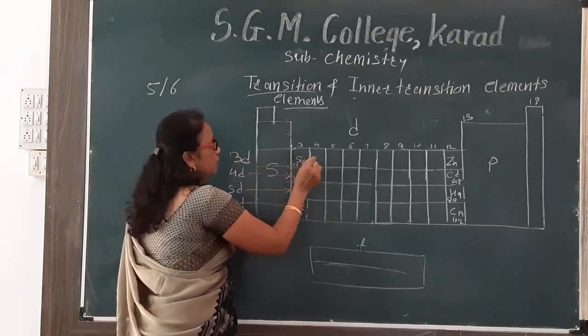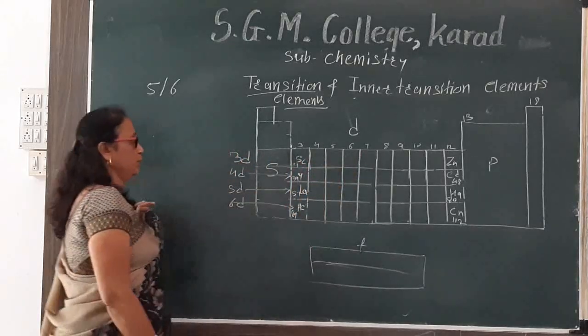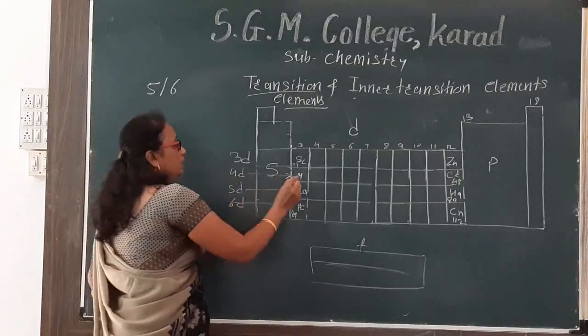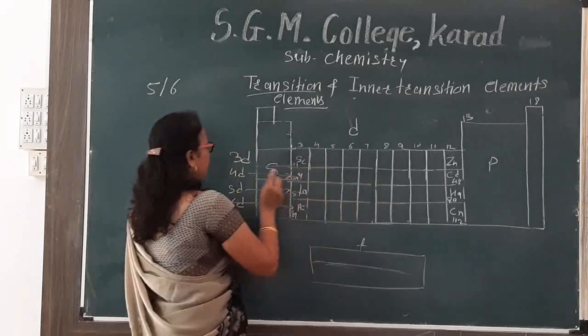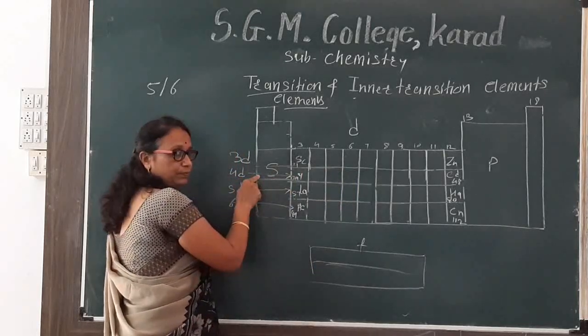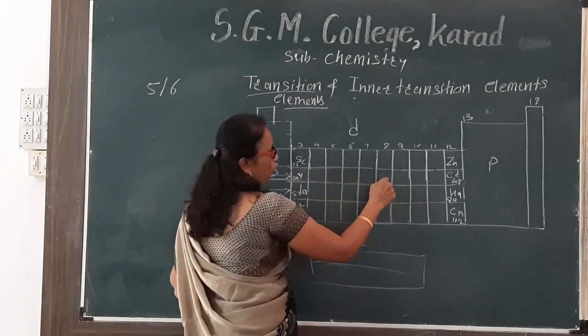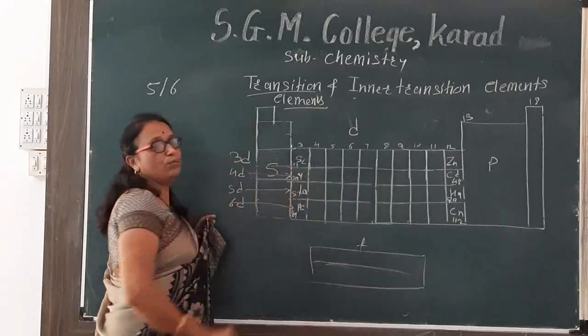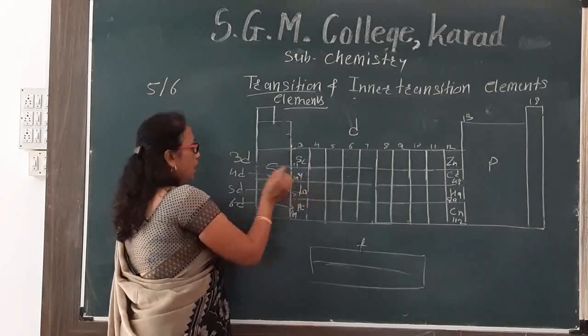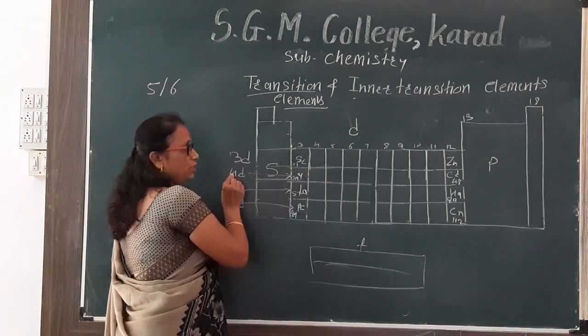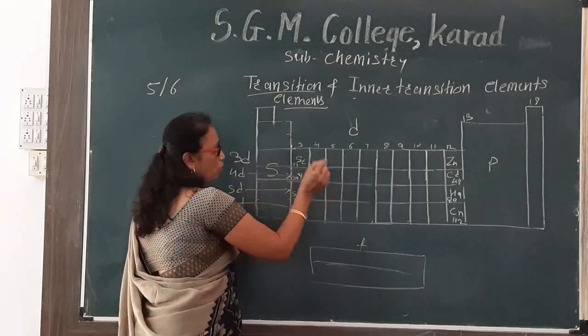Hence, this series is called the 3d series. These elements are present in the 5th period and have 5 shells, but the electron enters the d orbital of the 4th shell, hence it is called the 4d series.